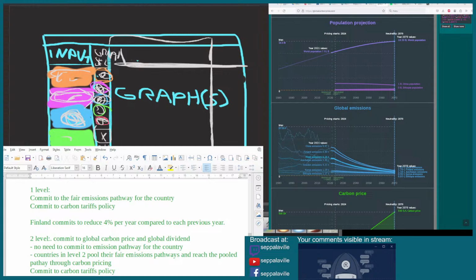Especially the US already has high emissions and those high historical emissions, so how hard would it be to get them to commit?